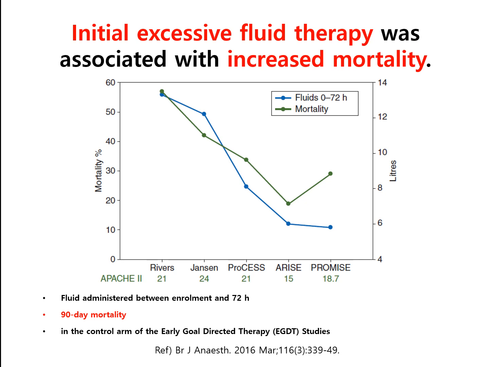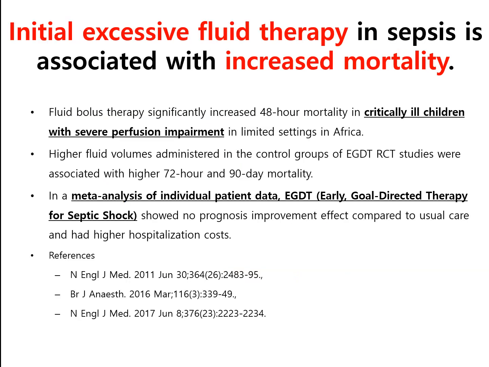Higher fluid volume in the control group of EGDT studies was linked to a higher 90-day mortality. In a limited setting in Africa, fluid bolus therapy significantly increased mortality in critically ill children with severe perfusion impairment.